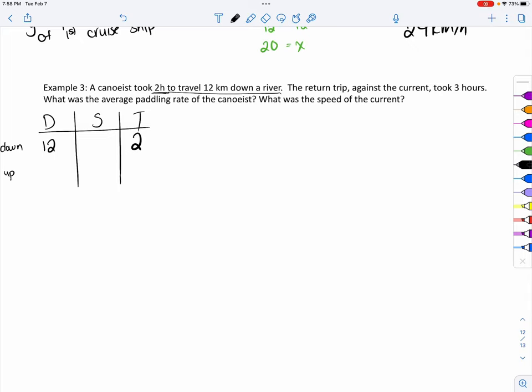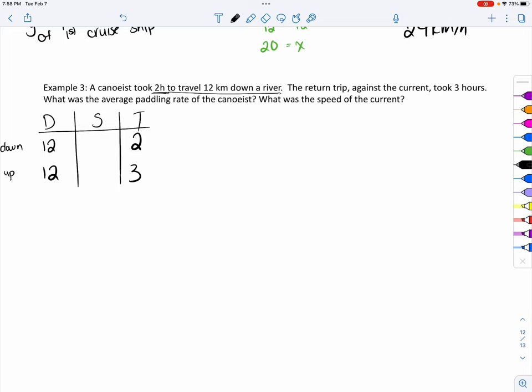The return trip against the current took 3 hours. What's the distance? It doesn't tell us explicitly, but you can make an inference. If you're going back, you've got to go back the 12 kilometers that you went out. Right? You go 12 kilometers out. To get back home, you have to come 12 kilometers back.